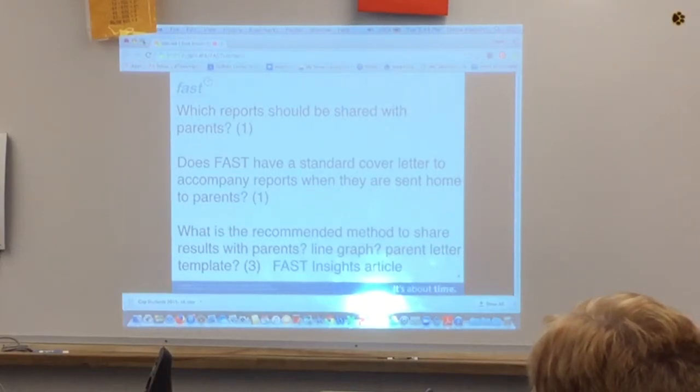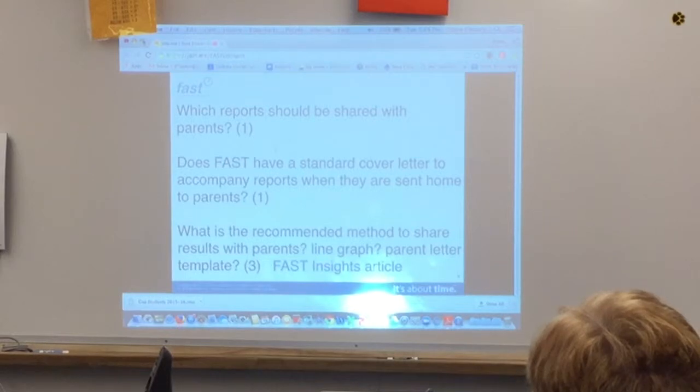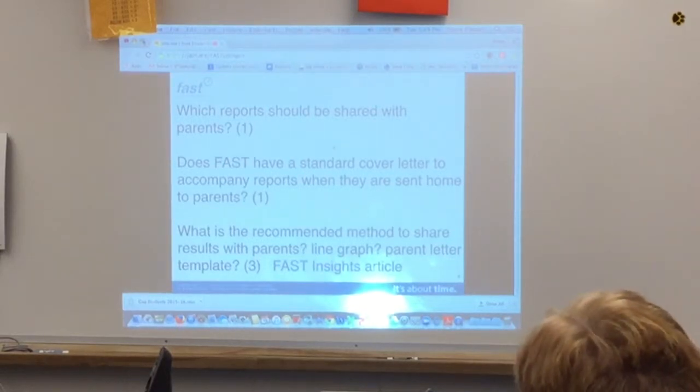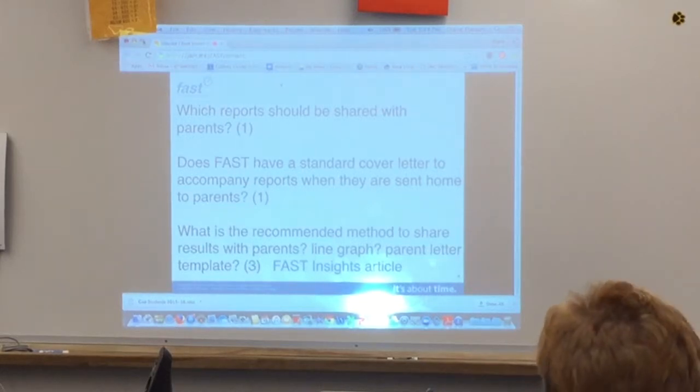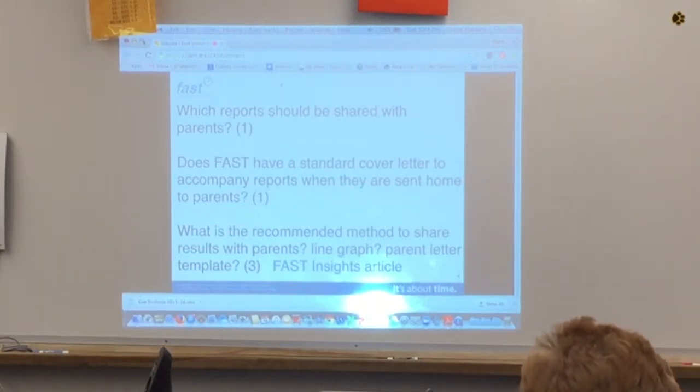So there were 3 questions that dealt with what reports should be shared with parents. 2 in the 1st grade and 1 in the 3rd grade. So I will show you when we get into the software the item analysis report, and also the report that I would show a parent if I were a teacher.